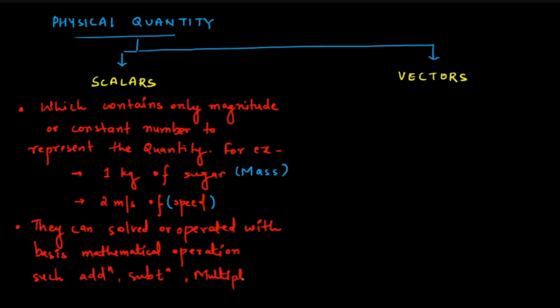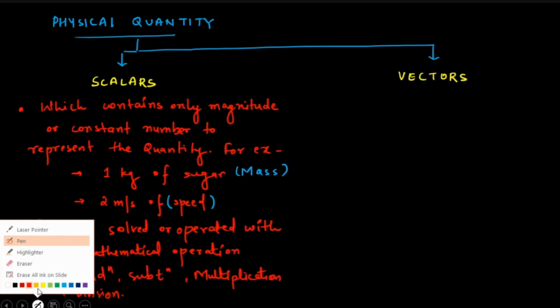Remember that these basic mathematical operations can be used only for scalars. We cannot use them for vectors. If we use the same for vectors, things will not work as they should.